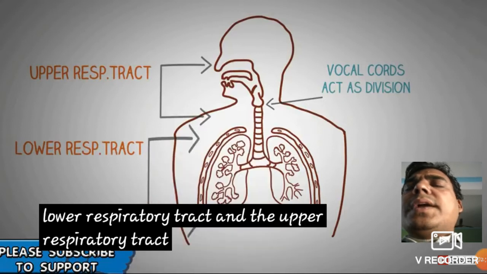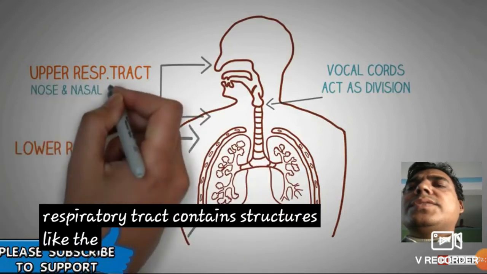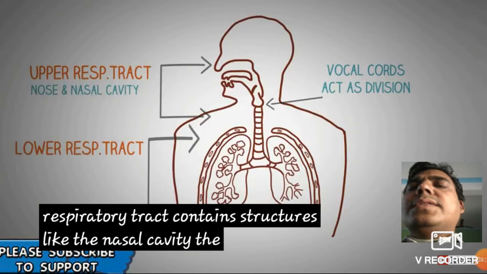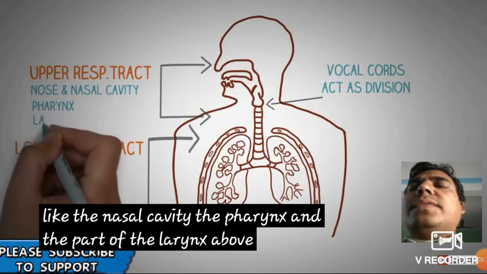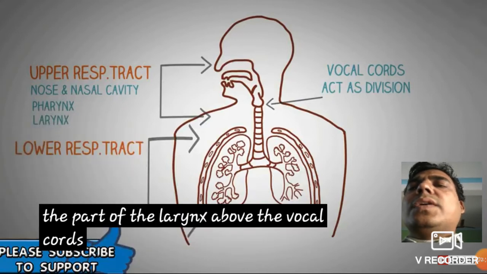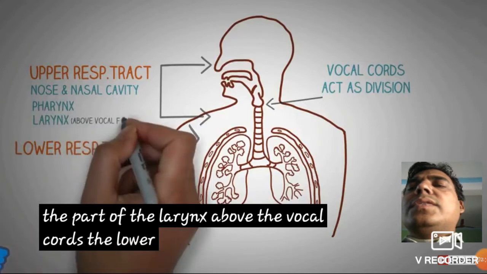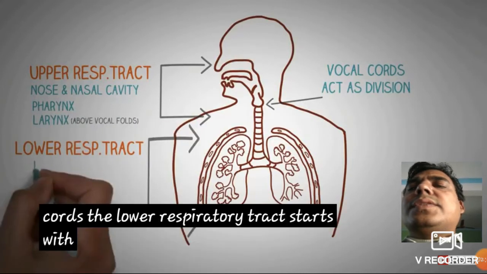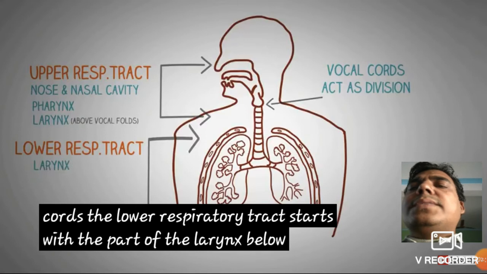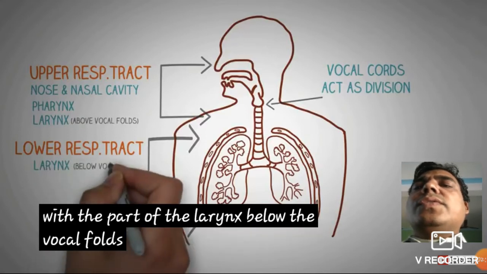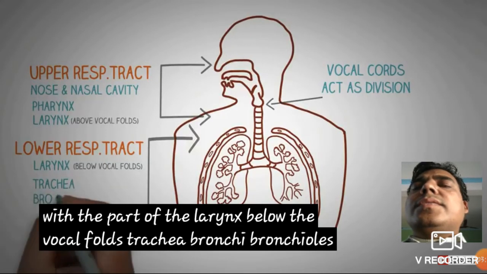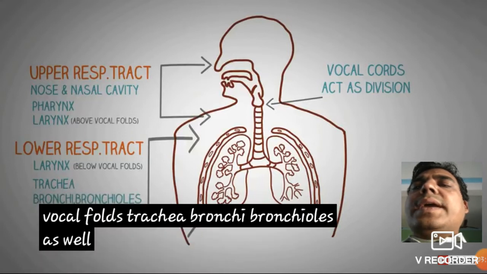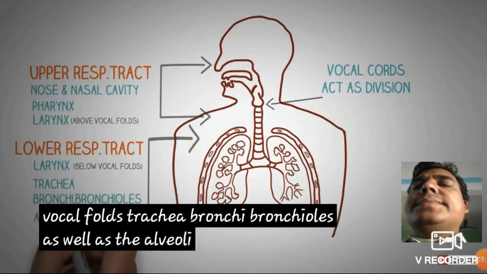The upper respiratory tract contains structures like the nasal cavity, pharynx, and the part of larynx above the vocal cord. The lower respiratory tract starts with the part of larynx below the vocal cords, trachea, bronchi, bronchioles, as well as alveoli.